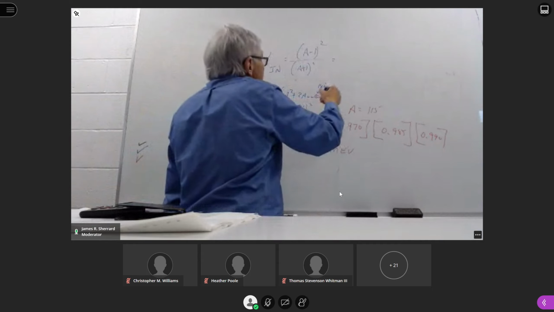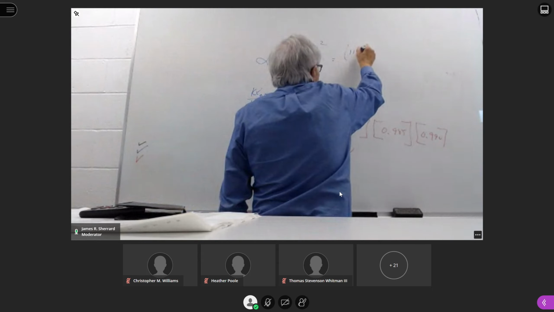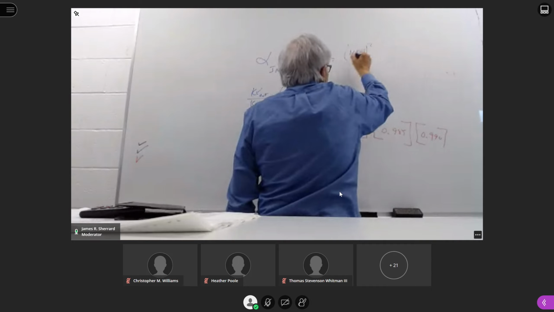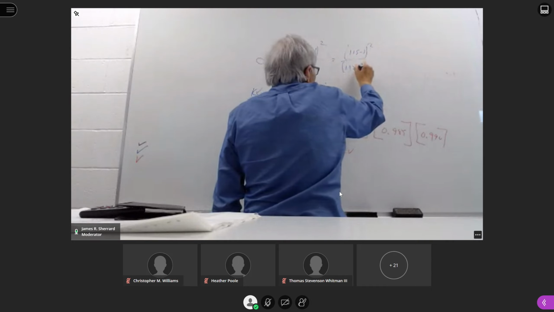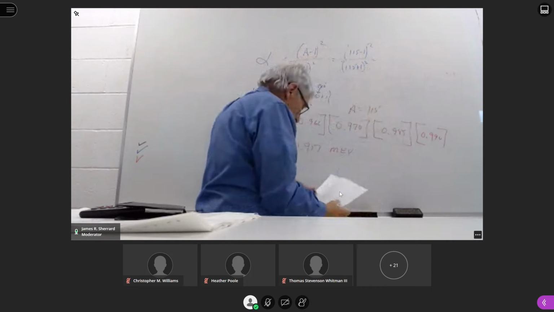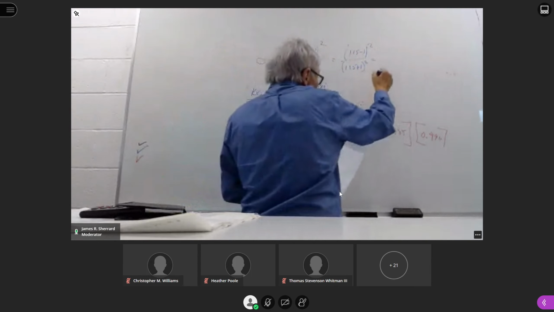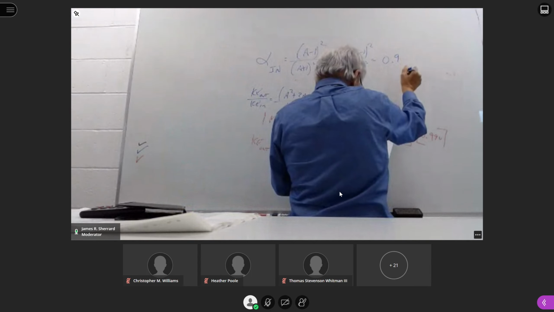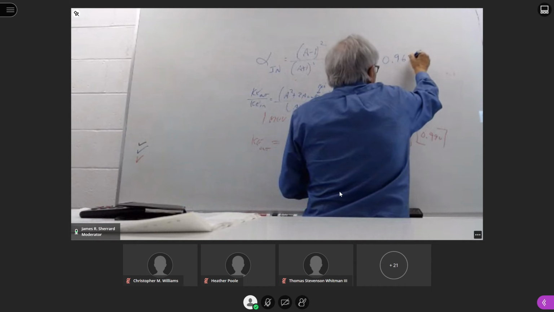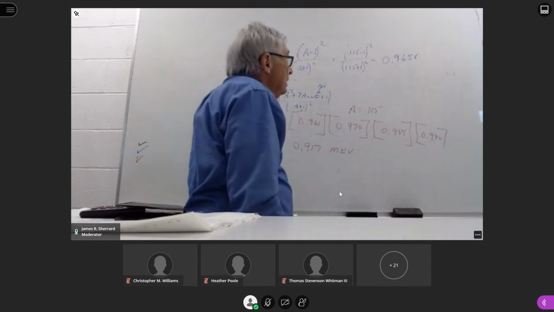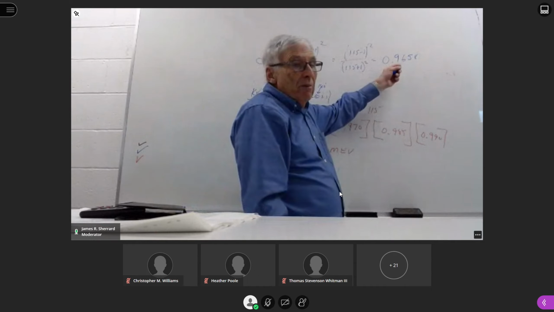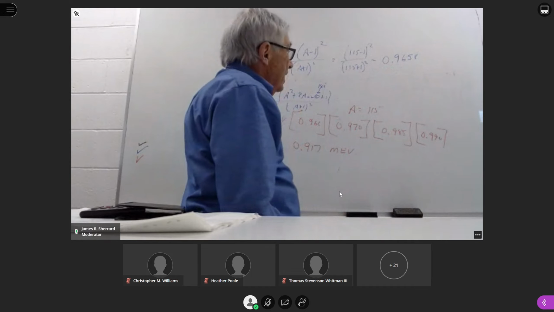And so for our indium, this would be 115 minus 1 squared over 115 plus 1 squared. And I had that value come out to be 0.9658. This is the energy remaining after one perfect backscatter.